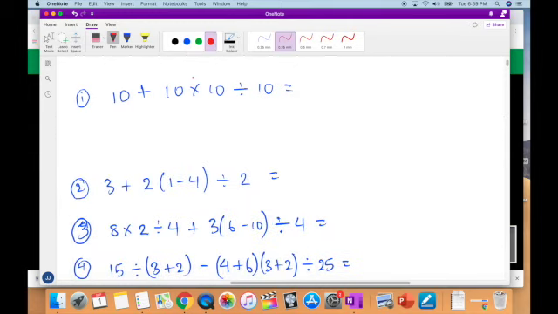So in this first one here, you have to do your multiplication and your division first. I'd like you to think about multiplication and division as being all glued together. So these three tens here are actually glued together. So you can think about them as one unit.